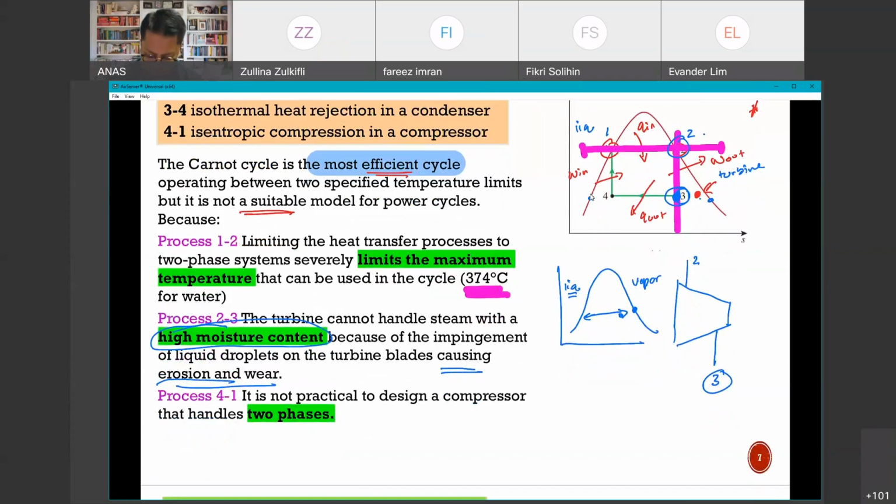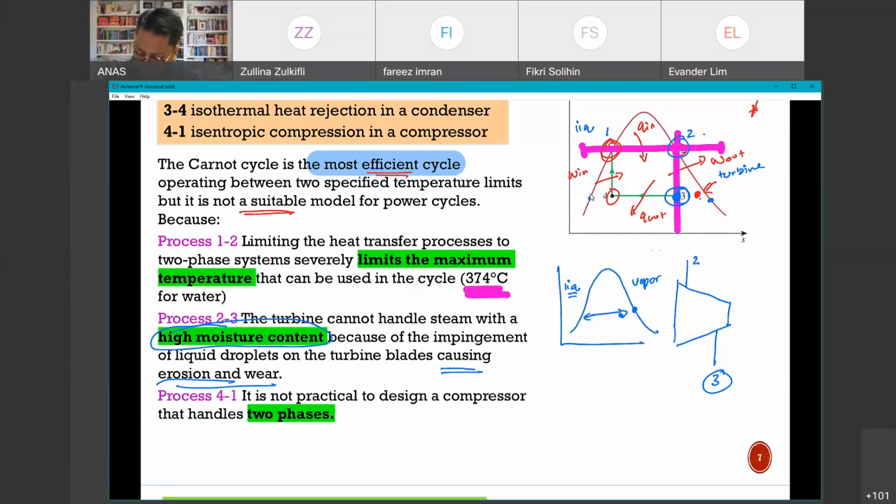And finally, the third point: it's not practical to design a compressor that handles 2 phases. From 4 to 1, this is the compressor, and the purpose of a compressor is to compress liquid, which is just pure liquid.